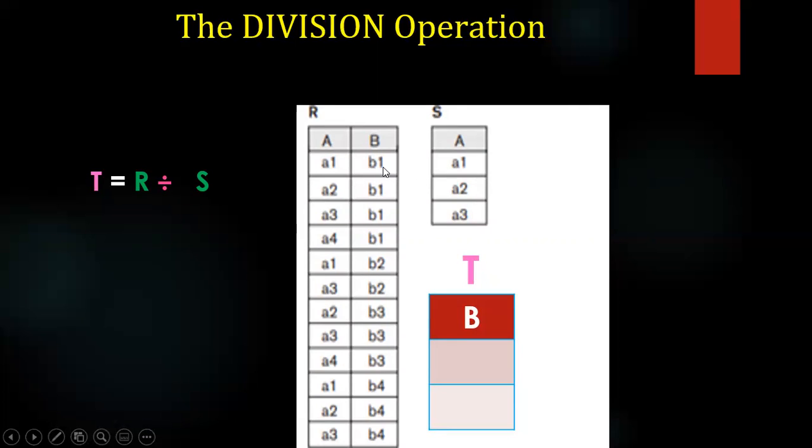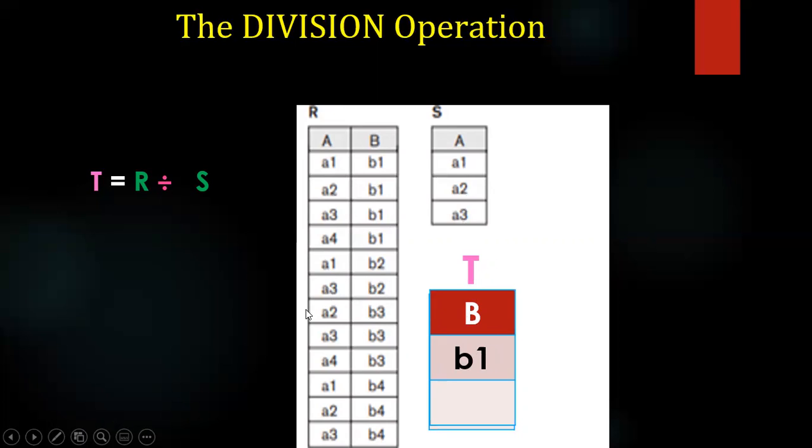Check whether B1 comes with A1, yes. B1 comes with A2, yes. B1 comes with A3, yes. B1 comes with all values of the denominator relation, so the result will have B1. Now check B2. I can place B2 only if it comes with A1, A2 and A3, but B2 comes only with A1 and A3.